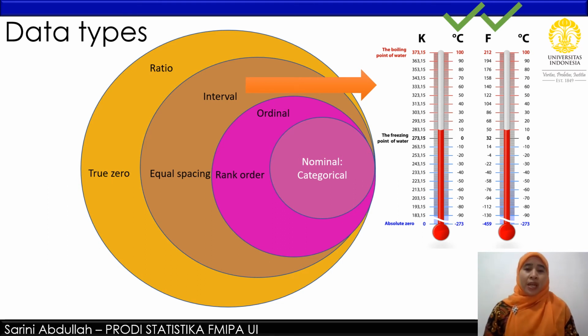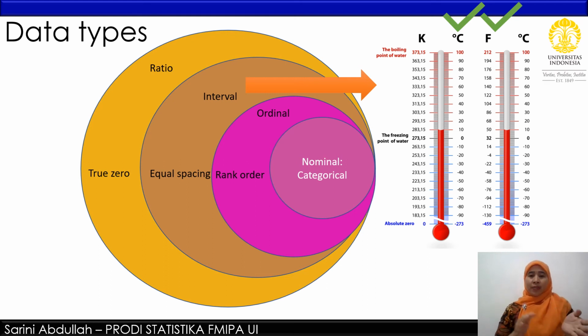What we mean by equal spacing here is that the change, or the length of the interval, between, let's say, a temperature of 45 and 46 is the same as the change from 100 to 101. The length of the interval from one value to the next is the same. That's what we mean by equal spacing.